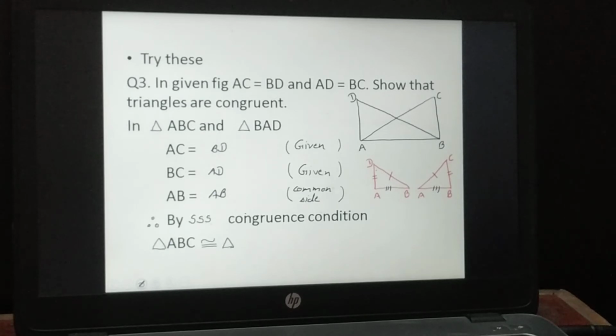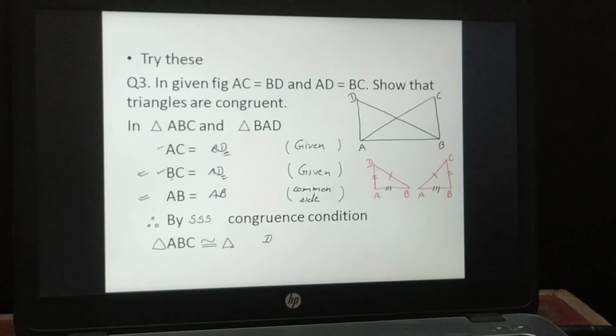How do we find the corresponding parts here? Look at the first two. Which point is common here? C. Now which point is common here? D. What does it mean? Wherever C is there, we will write down D. Now come to the next two.